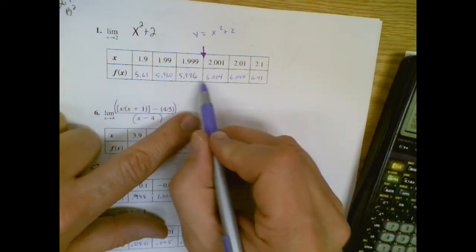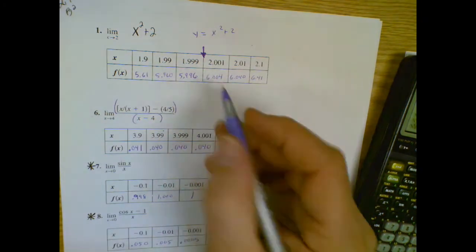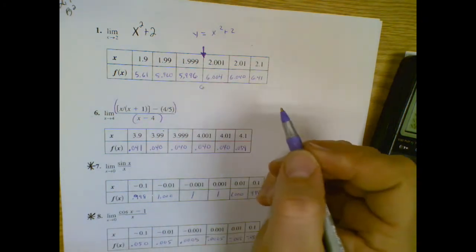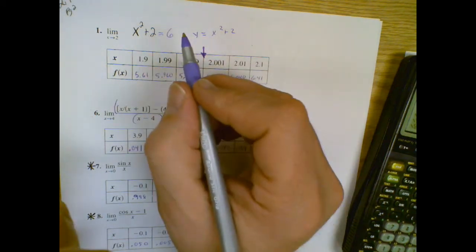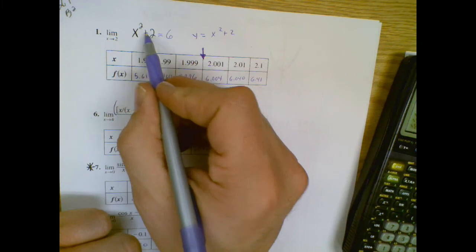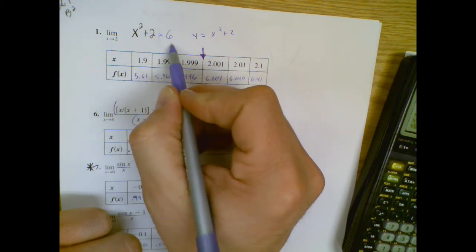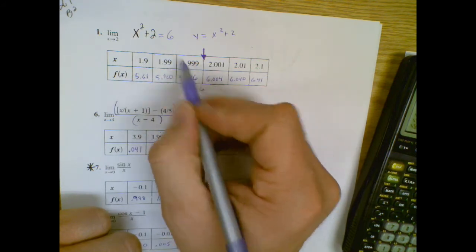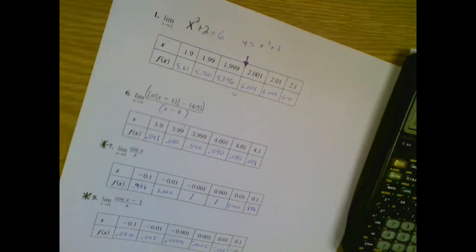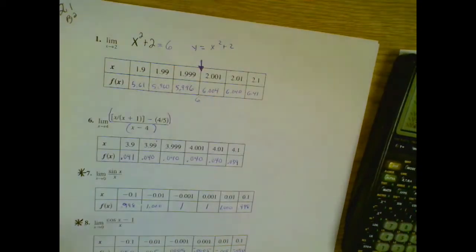Between these two y values, it appears like it is going to reach a 6. If you notice, if you plugged it in, 2 squared plus 2 is 6. So whether I plug it in or whether I do the chart, I get the same answer. Obviously, plugging it in is much quicker than me filling out this chart.